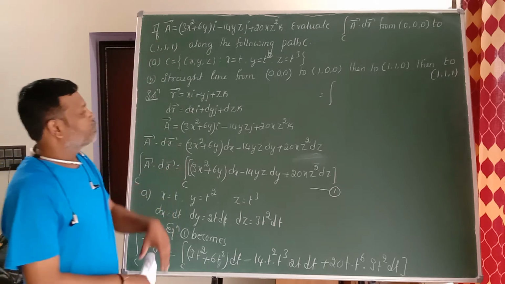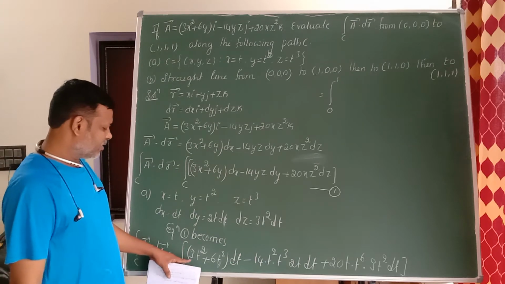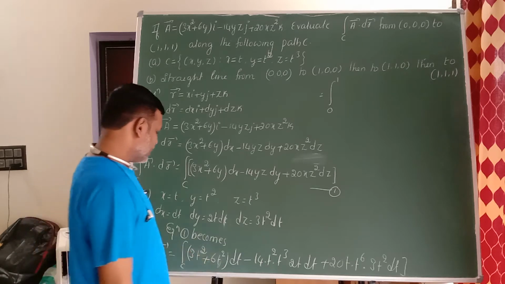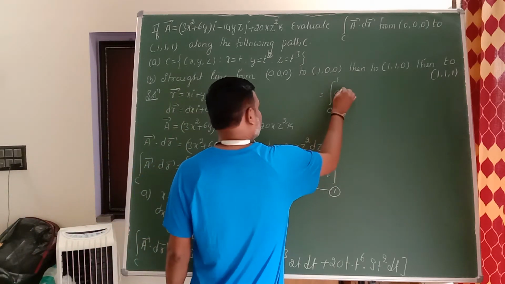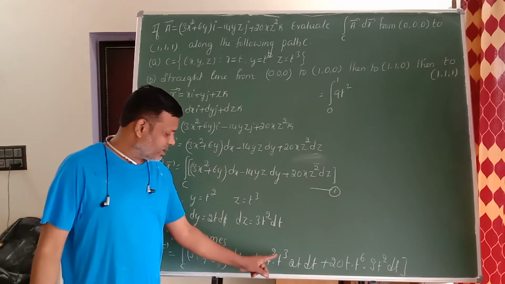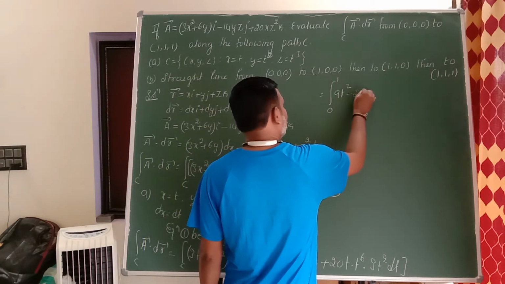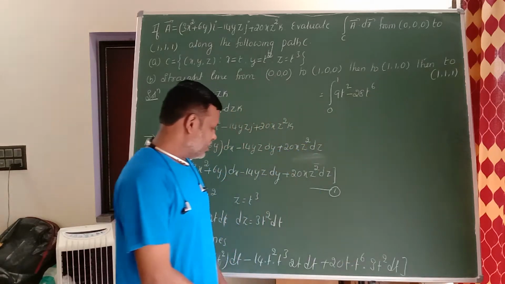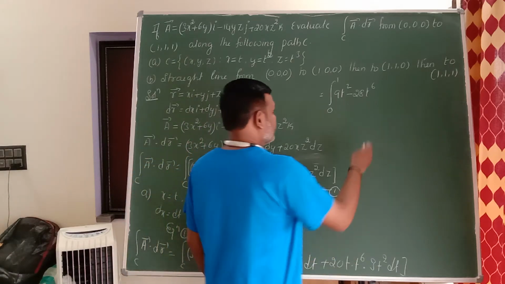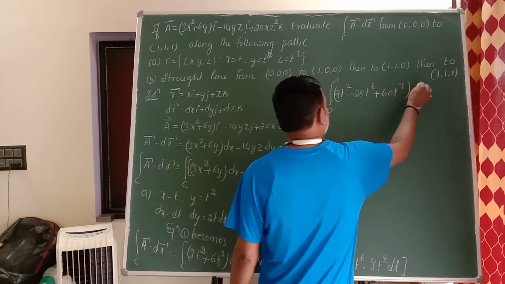Take dt outside. Here 3t² + 6t² is 9t², then minus 14 times 2 is 28, t⁵ into t⁶, so minus 28t⁶, and plus 60t⁹, into dt.